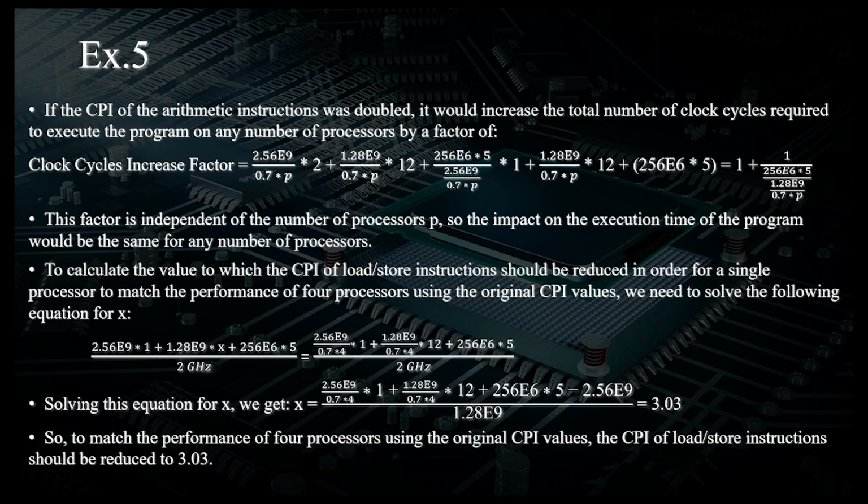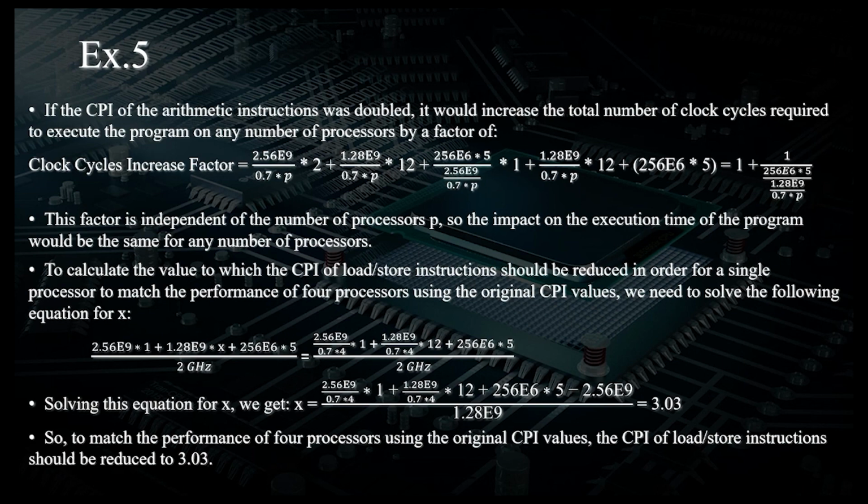So to calculate by how much the CPI of load and store instructions should be reduced in order for a single processor to match the performance of 4 processors using the original CPI value, we need to solve the following equation for x, and you can see the equation on the screen.